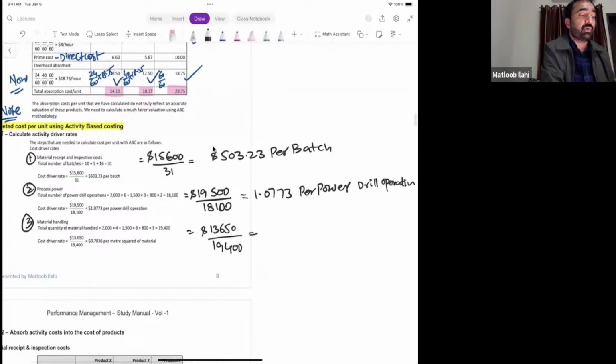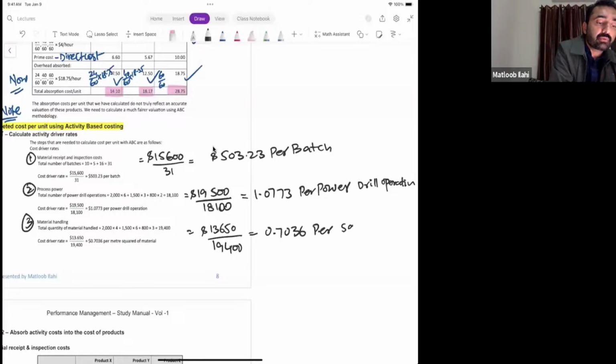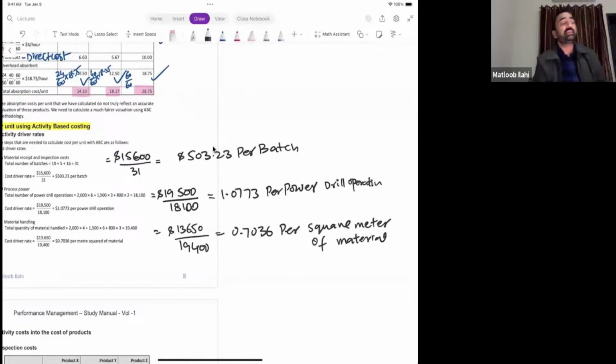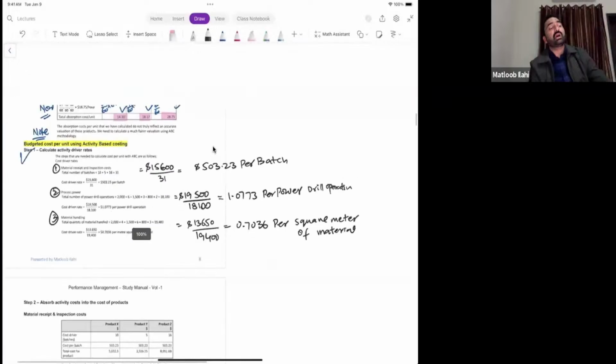And the third one is 0.7036 per square meter. Okay, this is called driver rates.